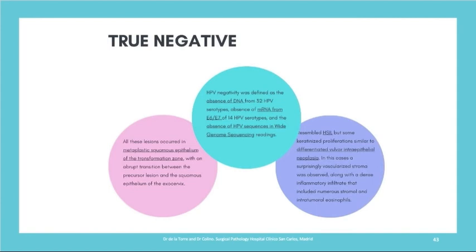Initially, HPV negativity was defined as the absence of DNA from 32 HPV serotypes, absence of mRNA from E6 and E7 of 14 HPV serotypes, and the absence of HPV sequences in wide genome sequencing region.